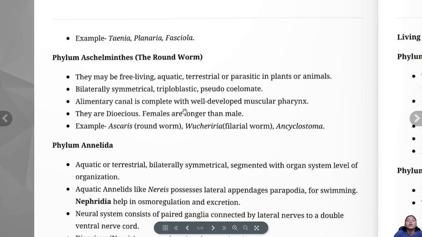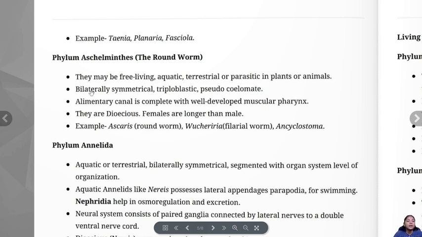So these organisms can live freely. They can be aquatic, found in water. They could be terrestrial, found on soil, or they could be parasitic, surviving on a host such as plants and animals.